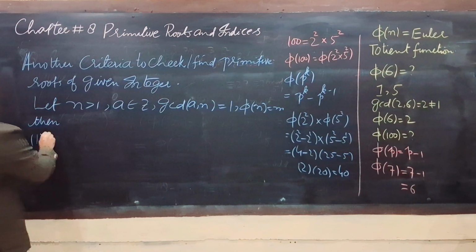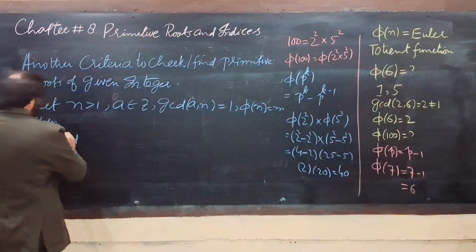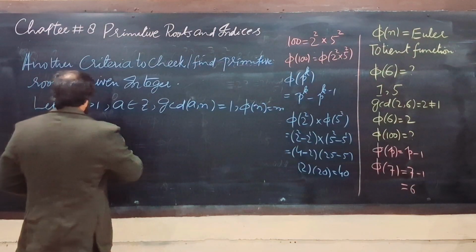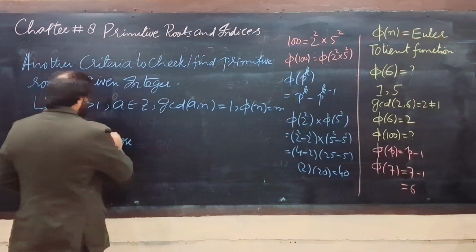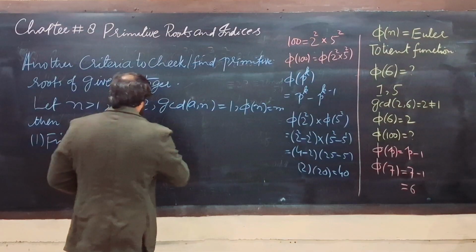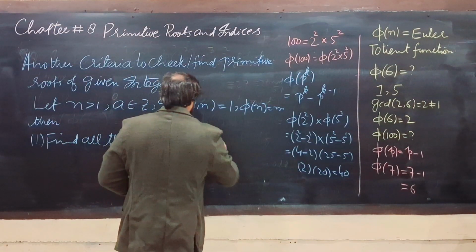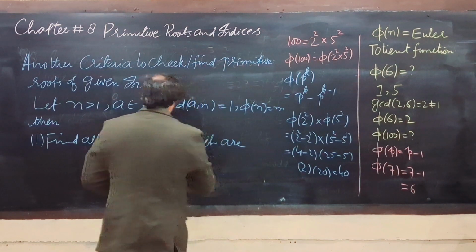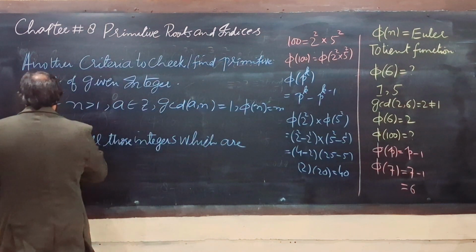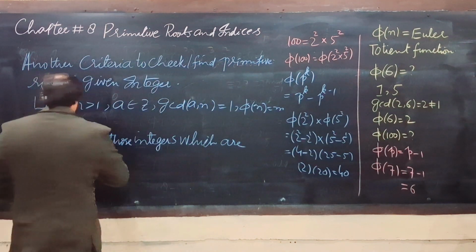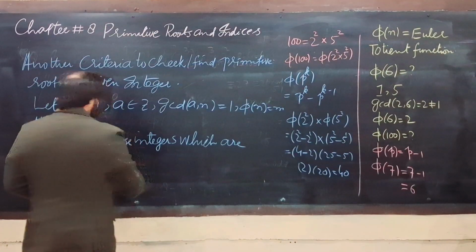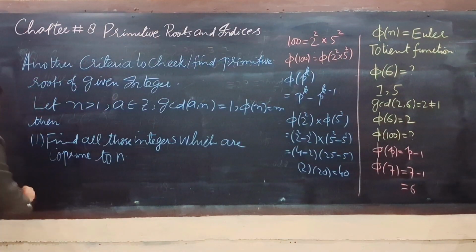Step number 1. Find all those integers which are relatively prime, or co-prime, to n. This will be our first step. The second step, this is important.